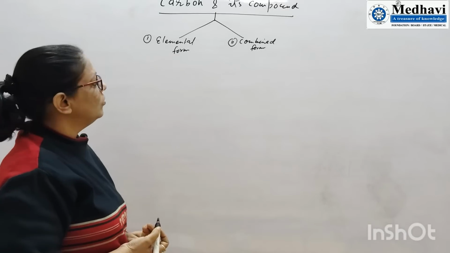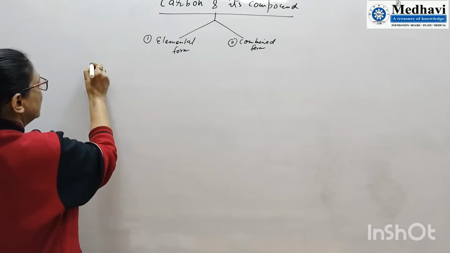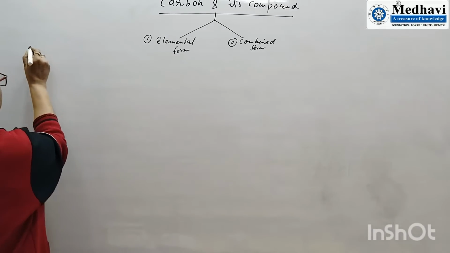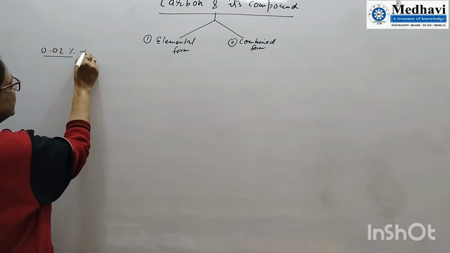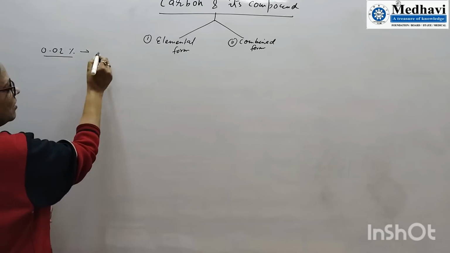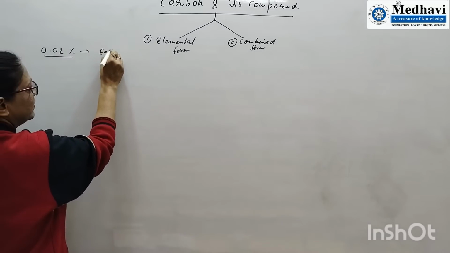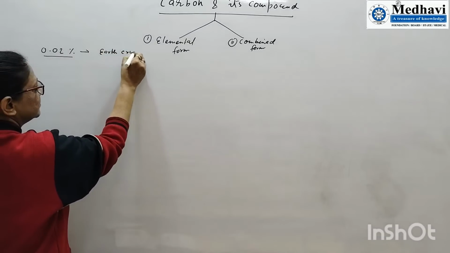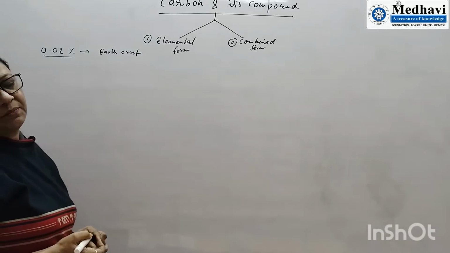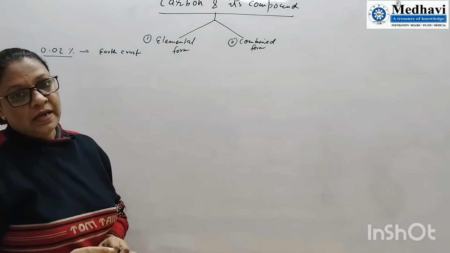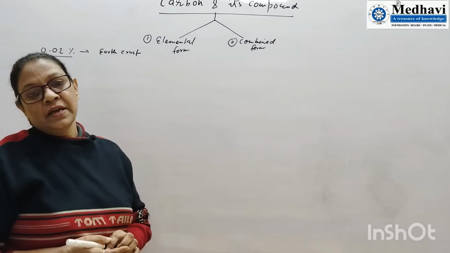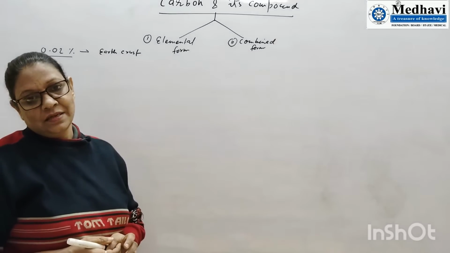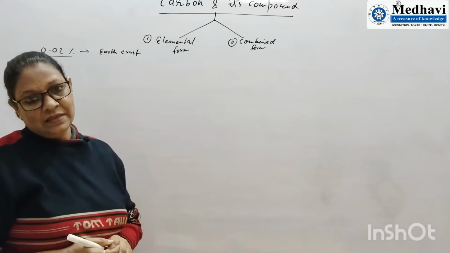Second thing that I want to explain, that 0.02% of carbon, very important, only that much amount of carbon is present in the earth crust. Very important information. And that carbon is present in the state of minerals in the earth crust.